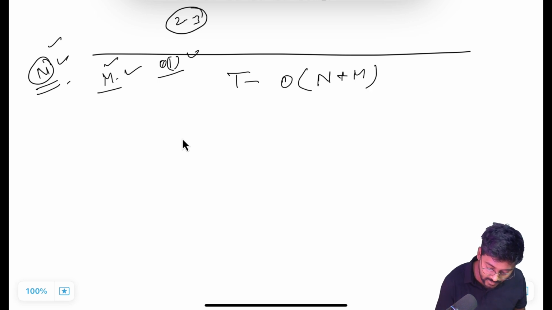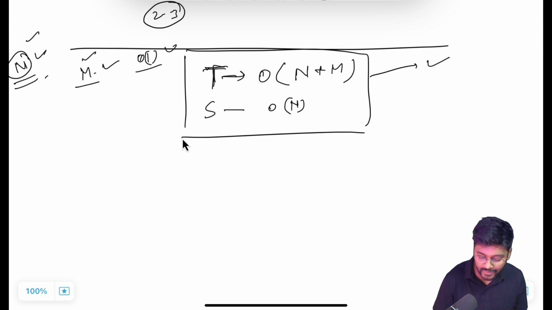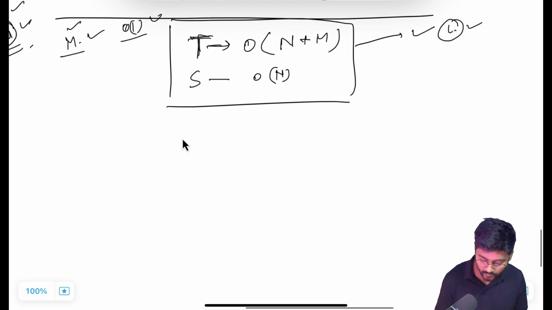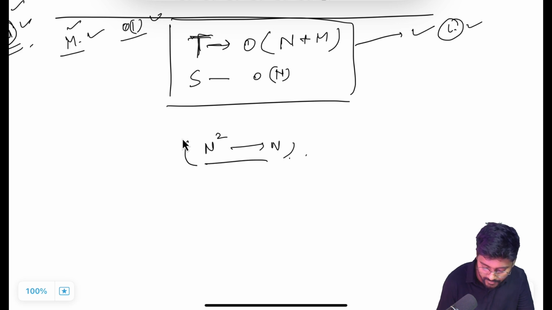So we can say that n plus m operation we are doing, or you can call it n, whatever you want. What about the space complexity? Space complexity is order of n because we are taking prefix array. So it is a linear time operation. So we are able to improve our time complexity from quadratic to linear using a prefix array.